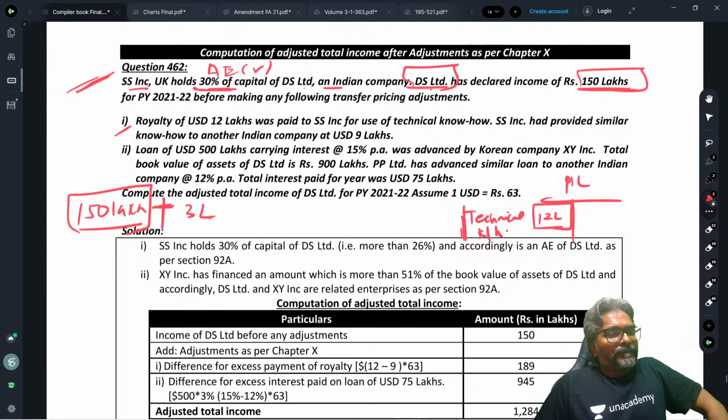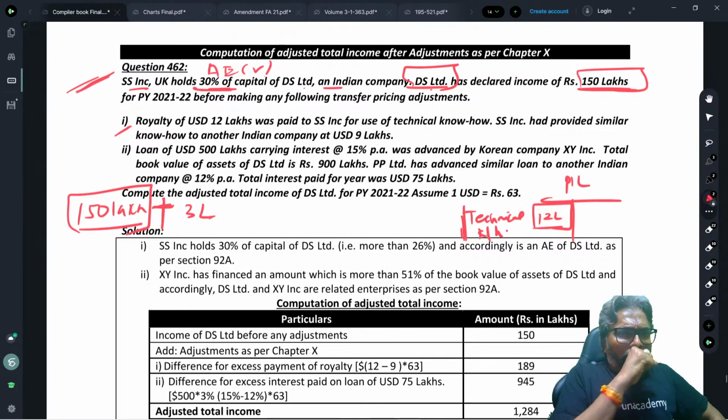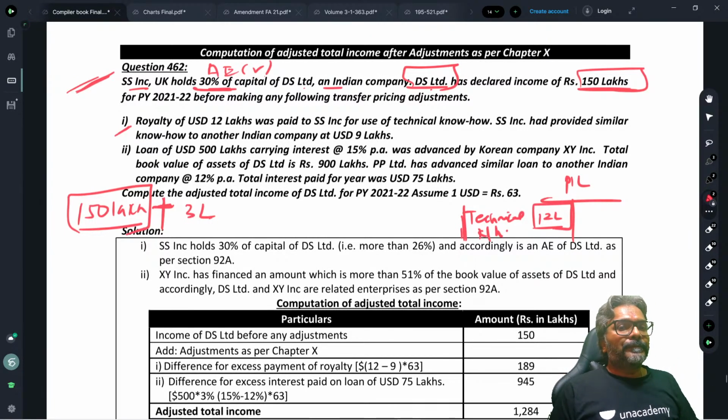And total interest paid for the year was US dollar 75 lakhs. So compute the adjusted total income of DS Limited for previous year 21-22. Assume 1 USD equal to rupees 63.